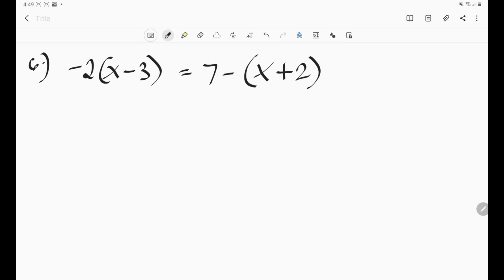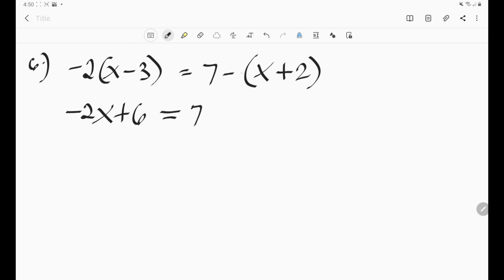So before we solve the equation, we need to simplify both sides of the equation by the use of the distributive property of multiplication. So we will multiply first negative 2 by x minus 3, so that is negative 2x, and then negative 2 times negative 3 is positive 6, or that's plus 6, is equal to 7.